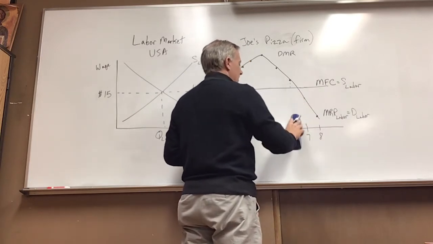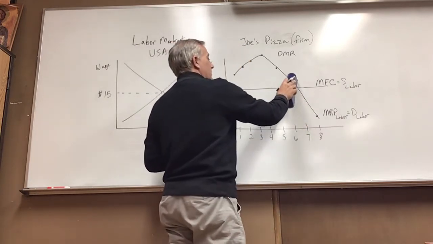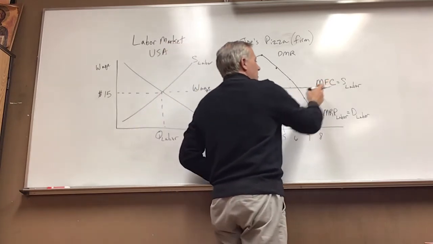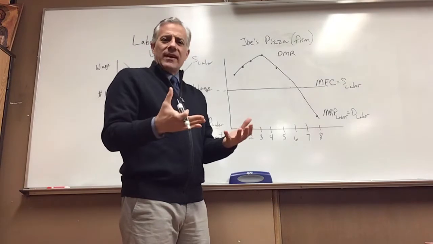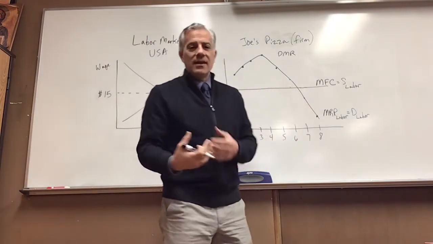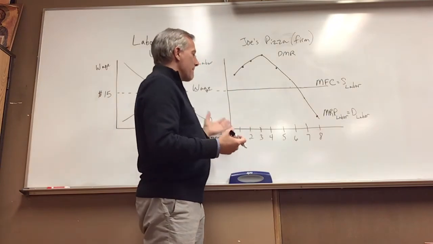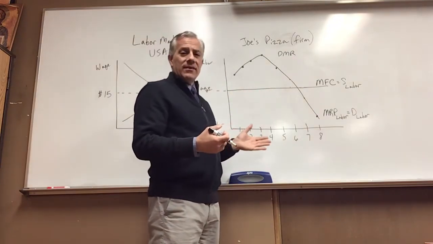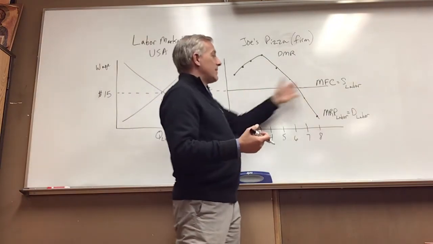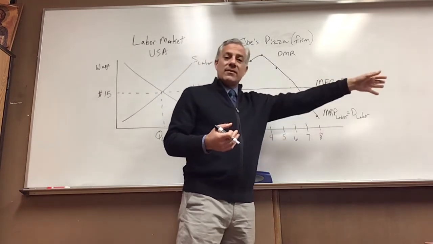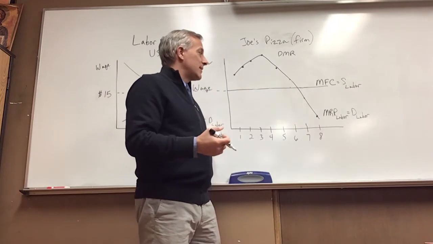Okay, remember the wage, this horizontal line, while it is constantly the same, the hardest thing is remembering all the things that it can represent. So it's the wage, marginal factor cost. Marginal factor cost just means the additional cost of hiring another worker. Well, if they all cost $15, every hire is an additional $15, so it's always $15 forever, for eternity.